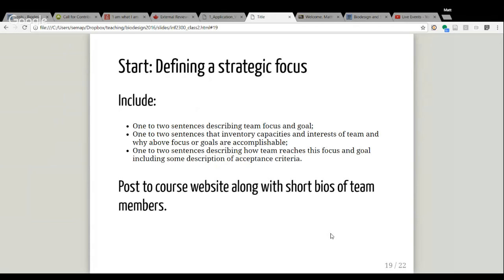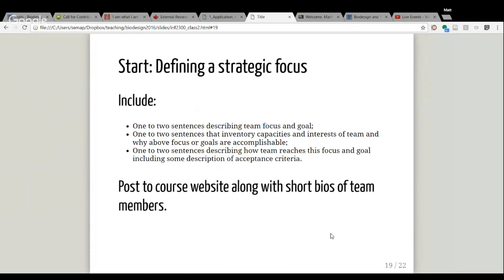And then 1 or 2 sentences describing how your team reached this focus, including some description of the acceptance criteria that you utilized for deciding upon these goals and this focus. So this is just a broad, rough statement about strategic focus for your team.